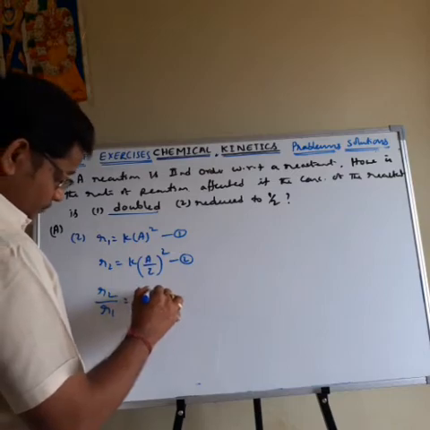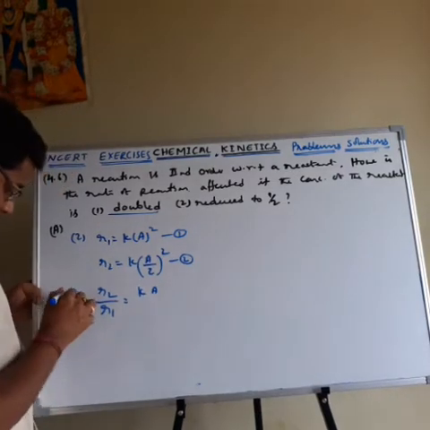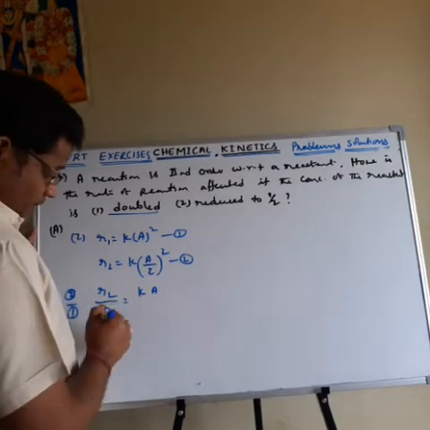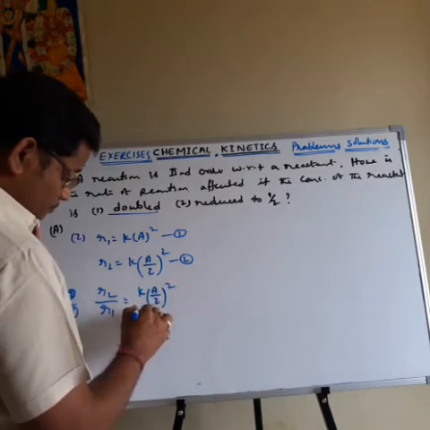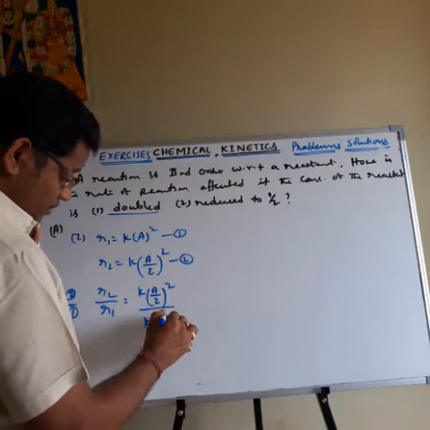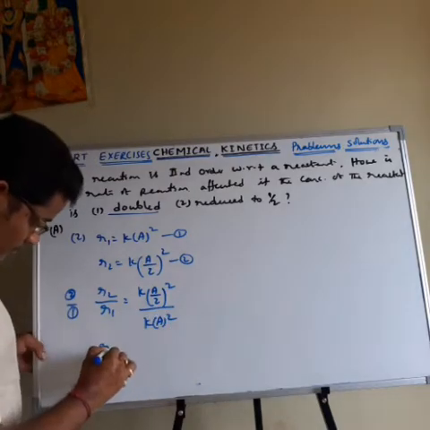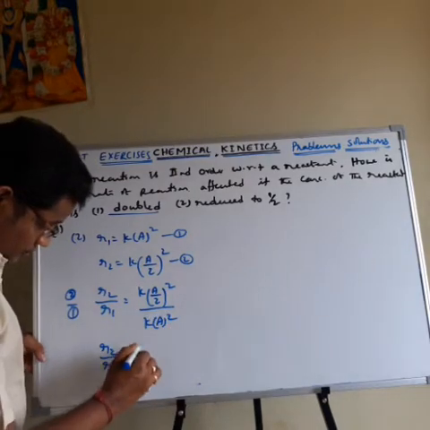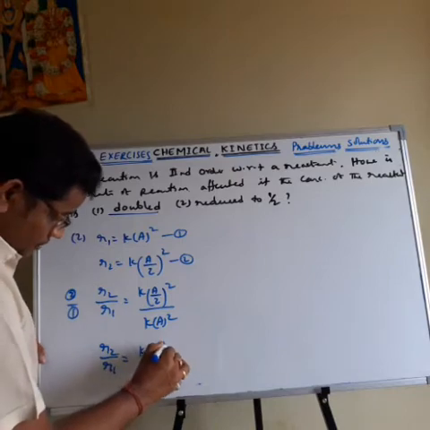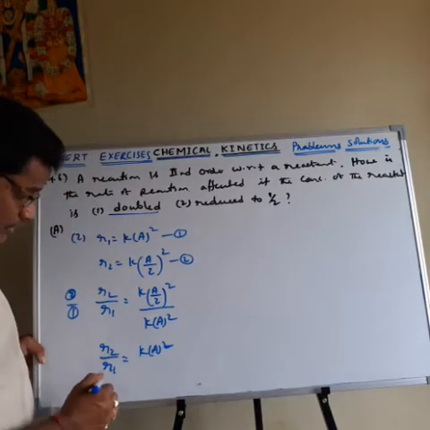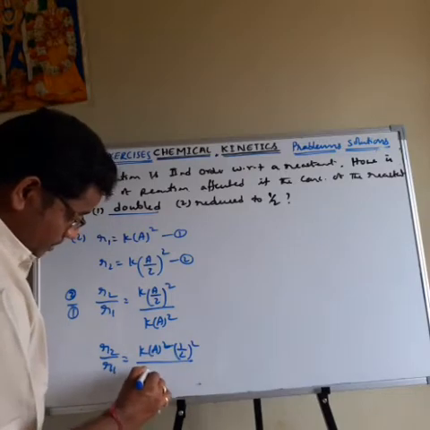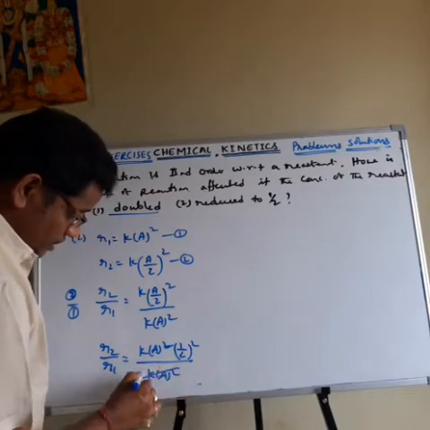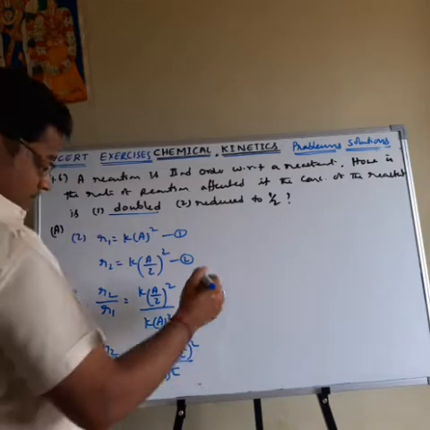k into (A by 2) power 2 divided by k into [A] power 2. Therefore R2 by R1 is equal to k into [A] power 2 into (1 by 2) power 2, divided by k into [A] power 2. k into [A] power 2 cancels.